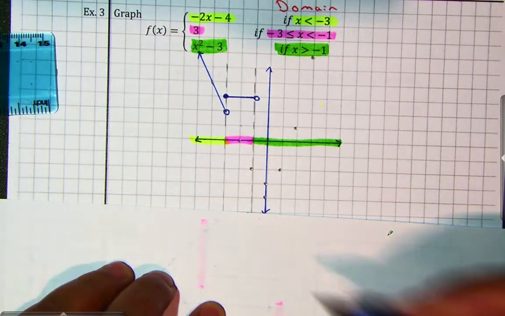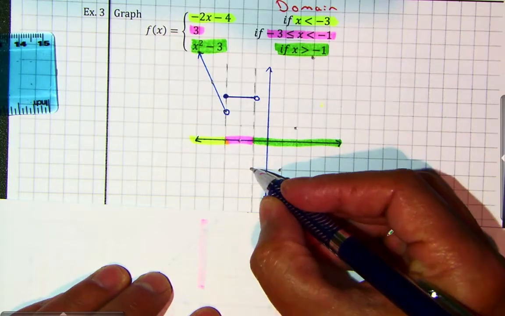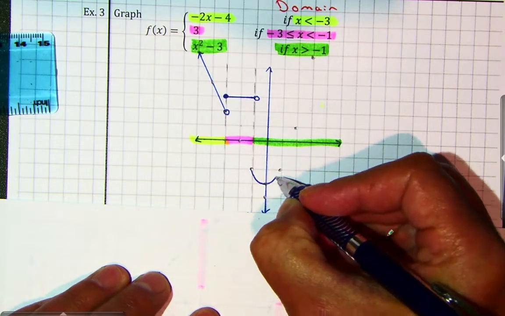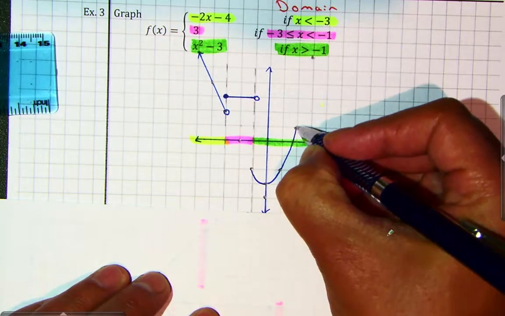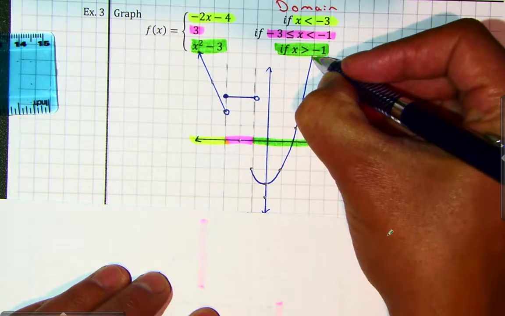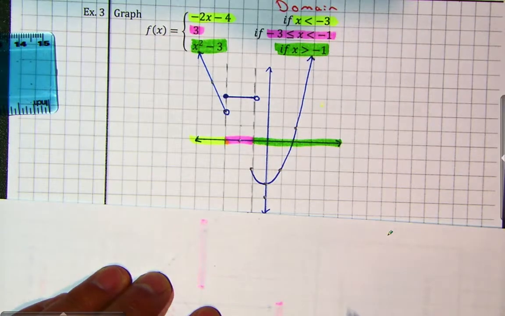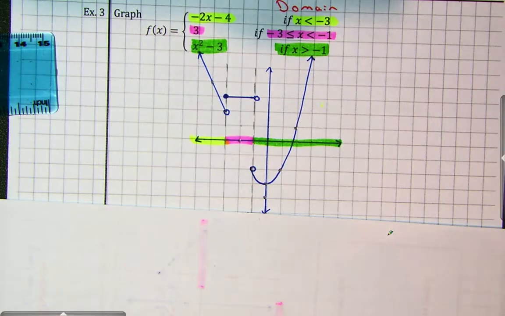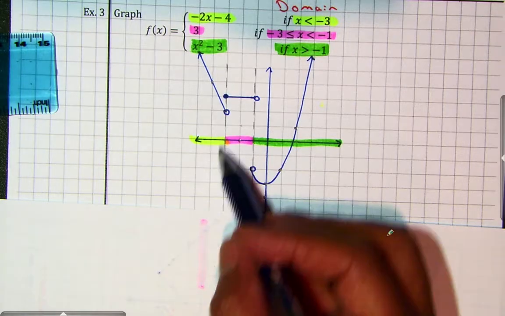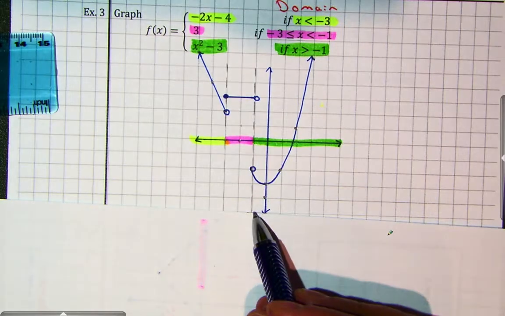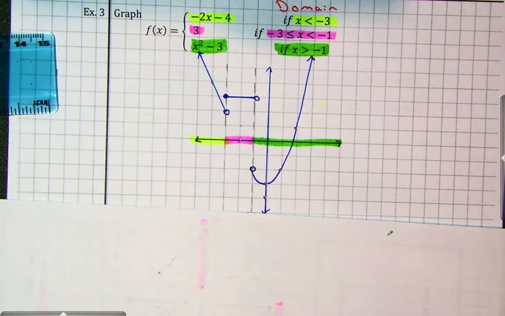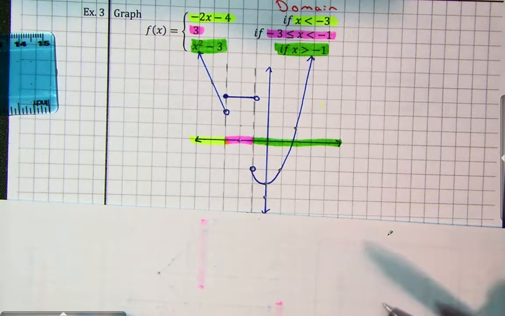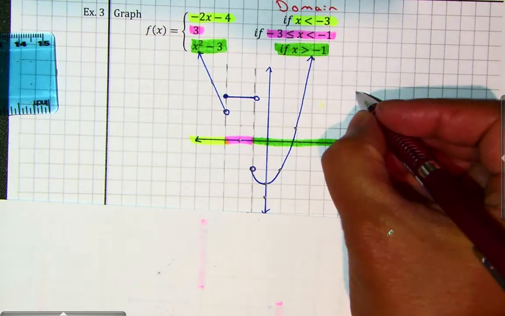And I'm just going to keep this part of the graph, so I'm going to use from here to here. -1 is going to be open as well. So notice by just highlighting and making your dashed lines where you have your different pieces, it makes it a little bit easier. And now I just need to write my domain and range.